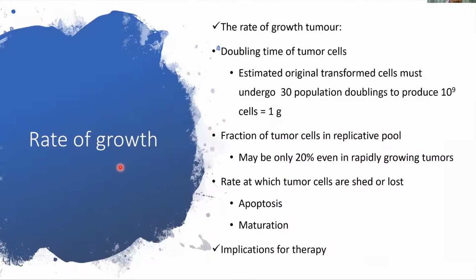All right, the next feature is the rate of growth. The rate of growth is determined, first, by the doubling time of tumor cells. Tumor cells are similar to normal cells; they also enter the cell cycle. The original transformed cell must undergo about 30 population doublings to produce at least 1 gram, which is the minimal size that we can appreciate a tumor clinically.